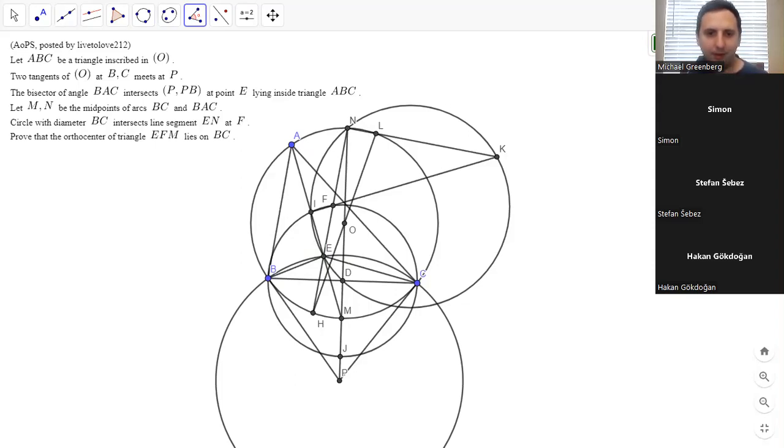So you're thinking maybe the isogonal line lemma. Can we use?